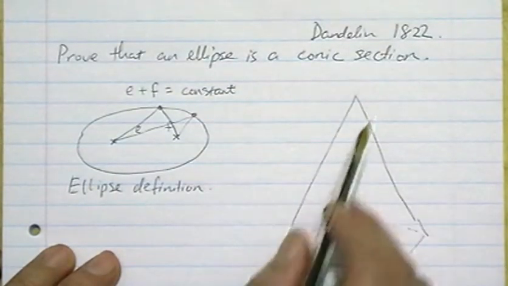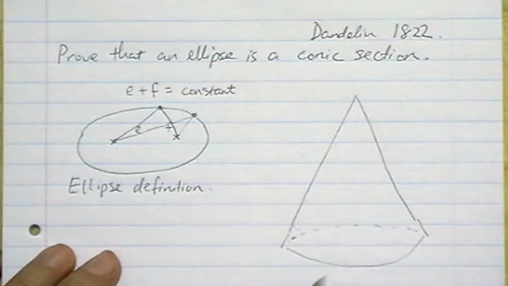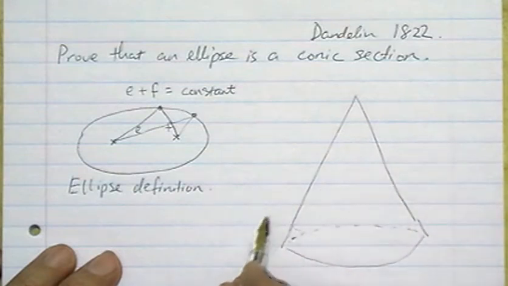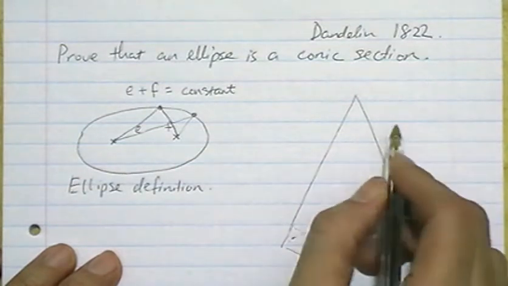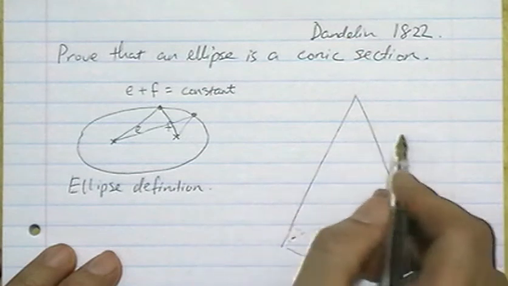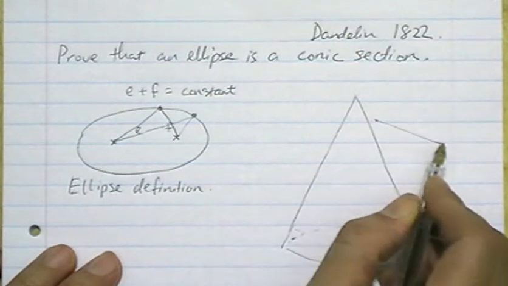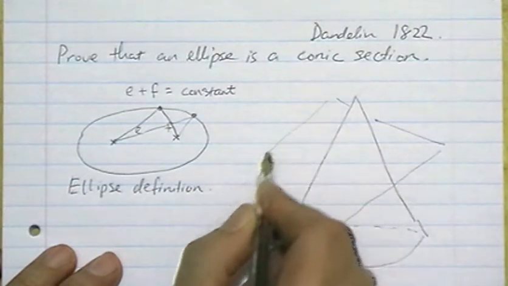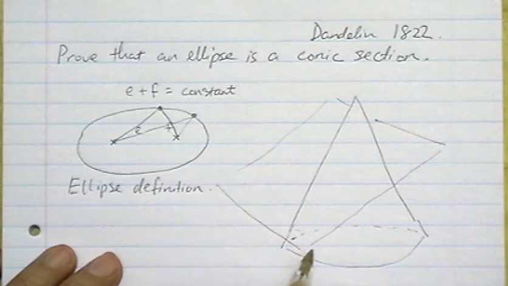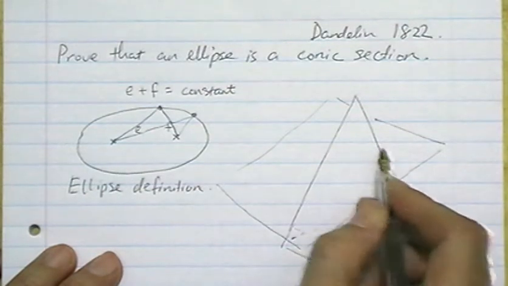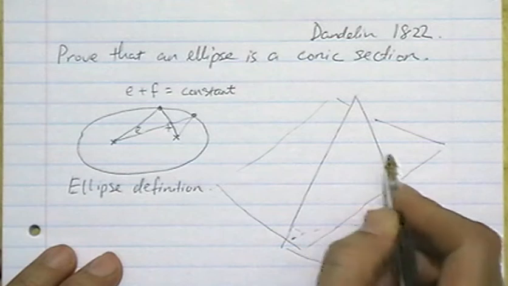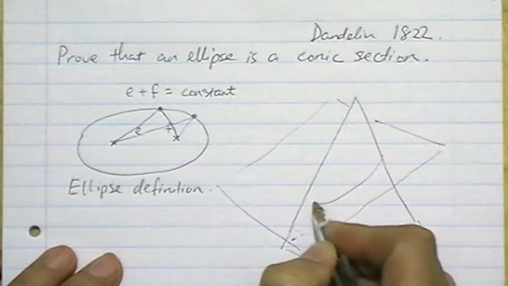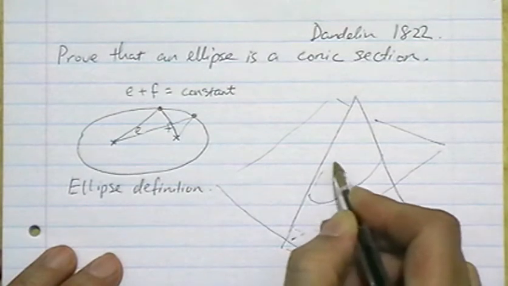A conic section means that if I start with this cone and I cut this cone with a plane. So let's imagine doing it this way. So imagine a plane cutting through it. So this plane cuts a section of the cone that looks like this.